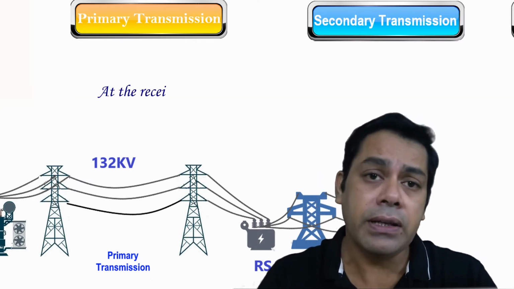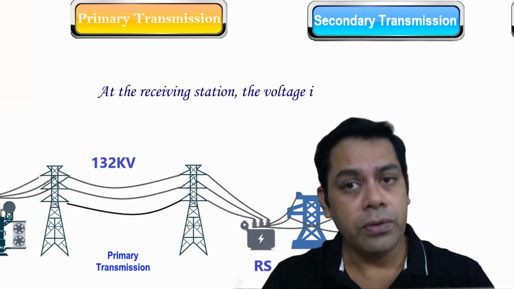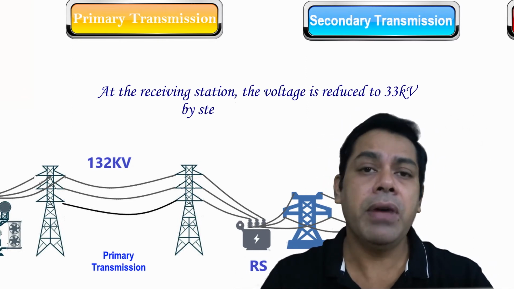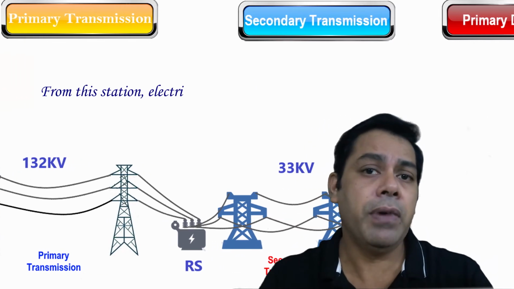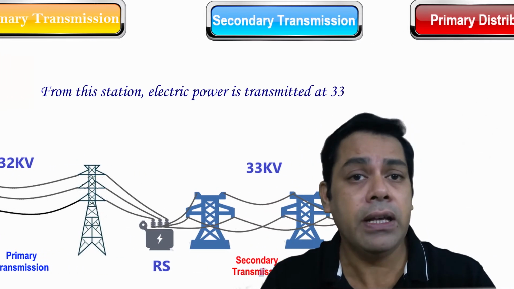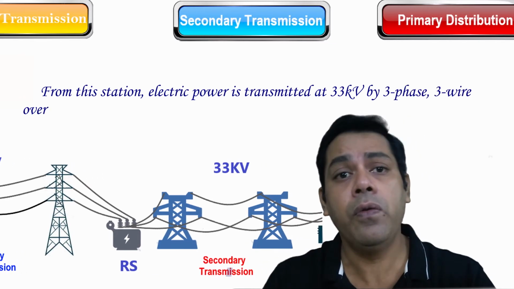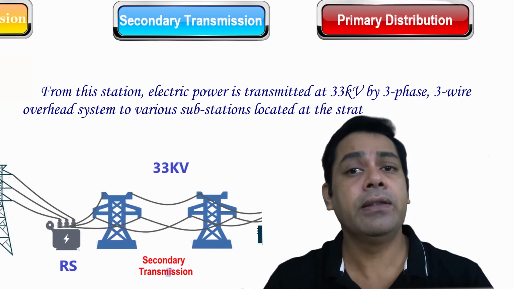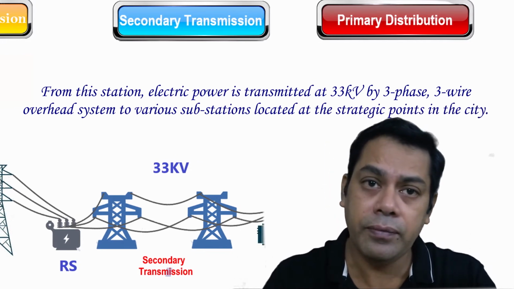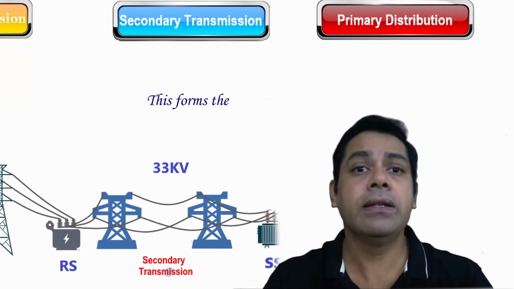At the receiving station, the voltage is reduced to 33 kV by a step-down transformer. From this station, electric power is transmitted at 33 kV by a three-phase, three-wire overhead system to various substations located at strategic points in the city. This forms the secondary transmission.